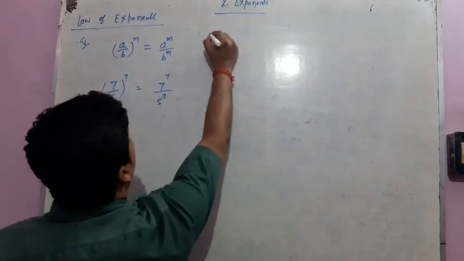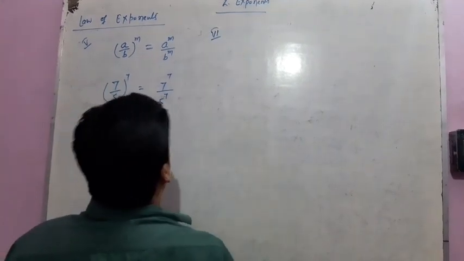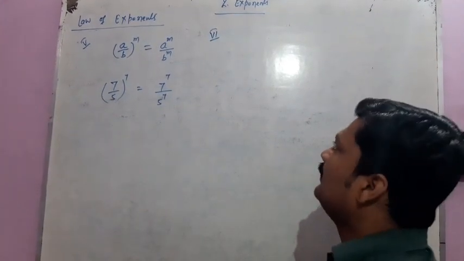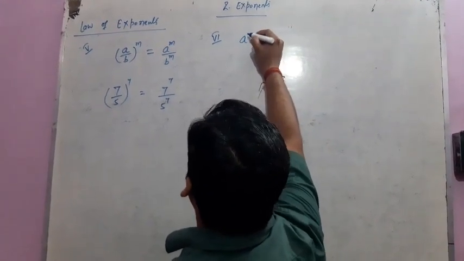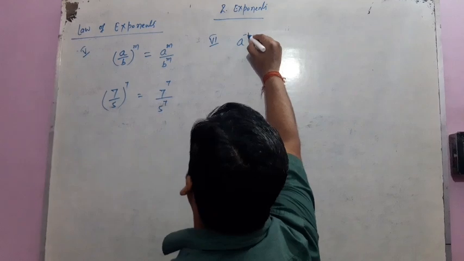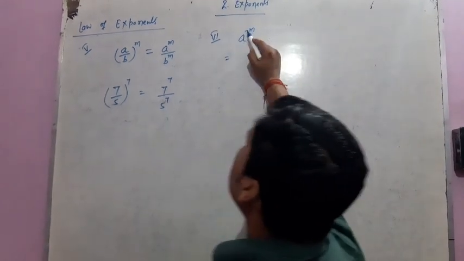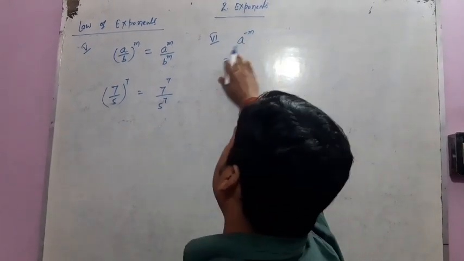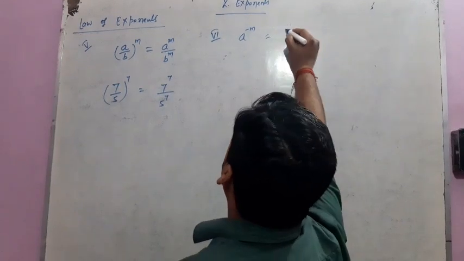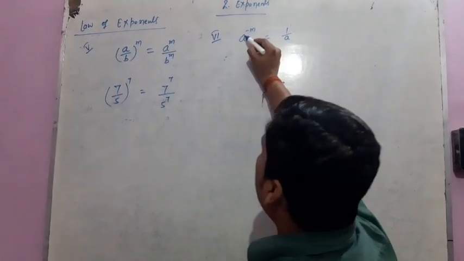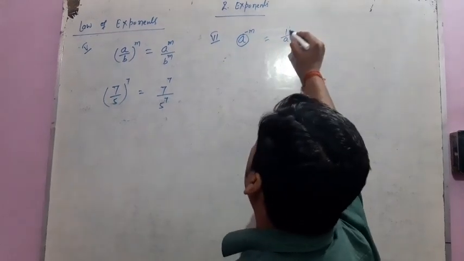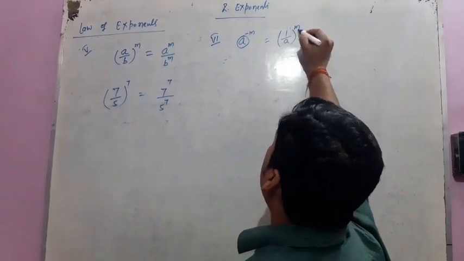Now law number 6. Law number 6 tells us that if a number has a negative exponent, then for removing this negative sign, we have to write the reciprocal of this number, 1 by a to the power n.